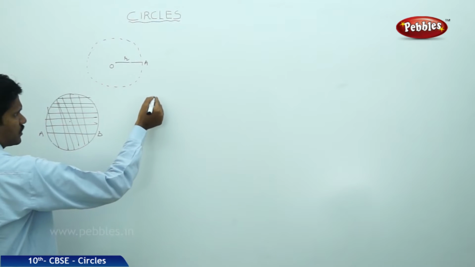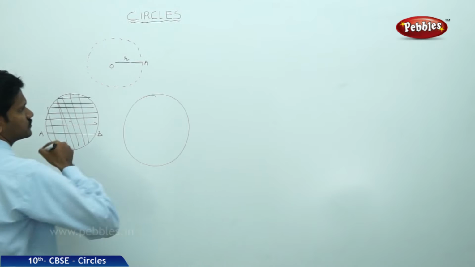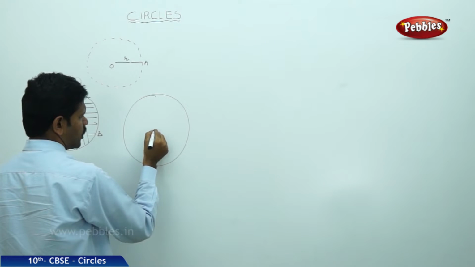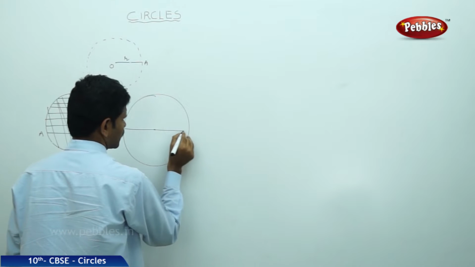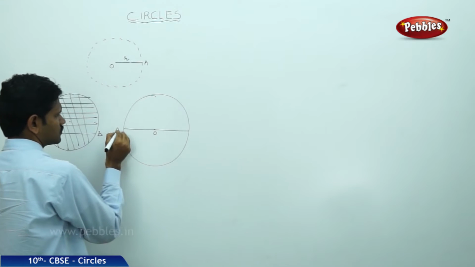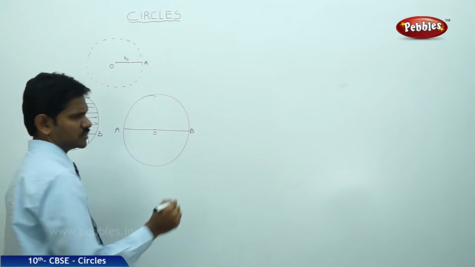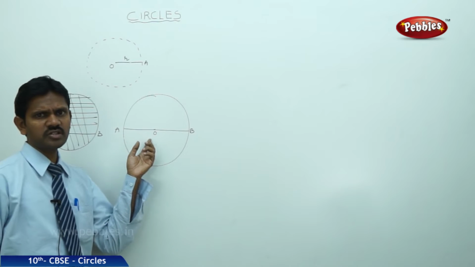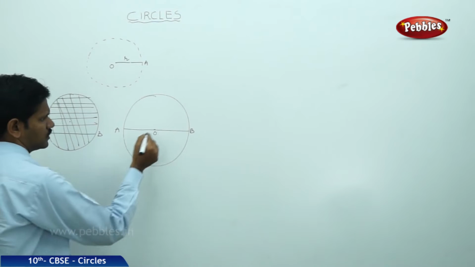Next, in a circle, the chord which passes through the center of the circle is called a diameter, and a diameter is the largest chord of the circle.